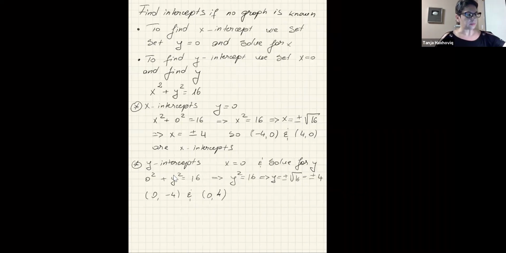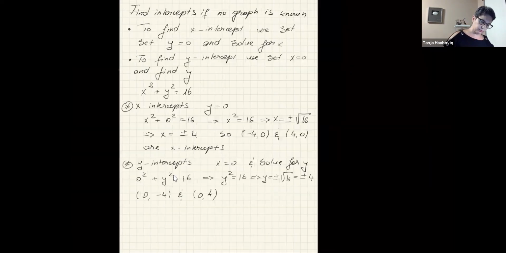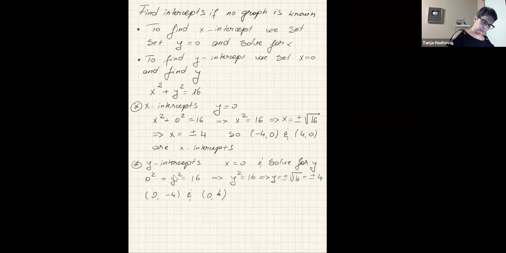All right. Here's another example. Let's say you have the equation y equals the square root of 2x minus 1. Again, find the intercepts. You don't know what the graph of this looks like.